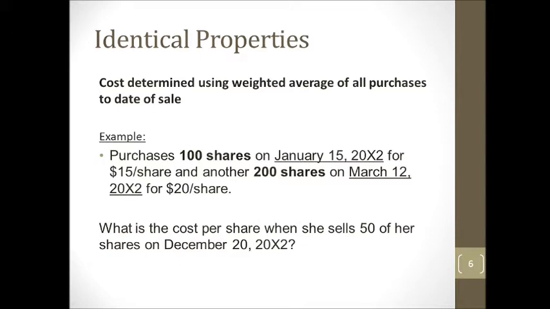For example, a taxpayer may own shares in a public company and purchase those shares over a number of years at various prices. If some of those shares are disposed of, the identical property rules requires that the adjusted cost base for those shares being sold be based on the average cost of all shares that have been purchased to that date.